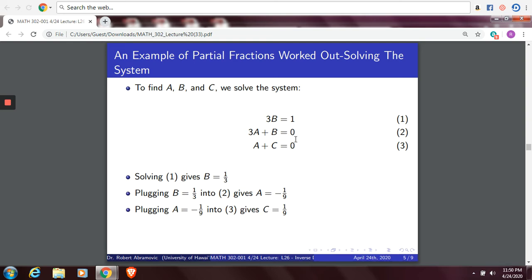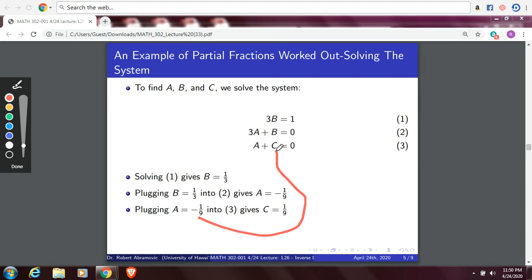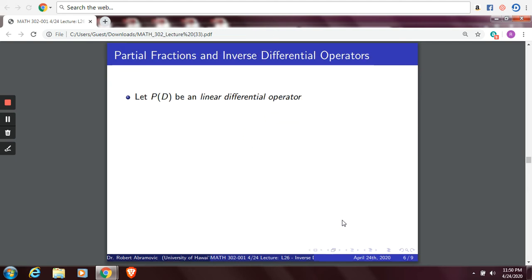Plugging a is negative 1/9 into 3, c is its negation, positive 1/9. What's our conclusion? 1 over x cubed plus 3x squared is negative 1/9 over x plus 1/3 over x squared plus 1/9 over x plus 3.